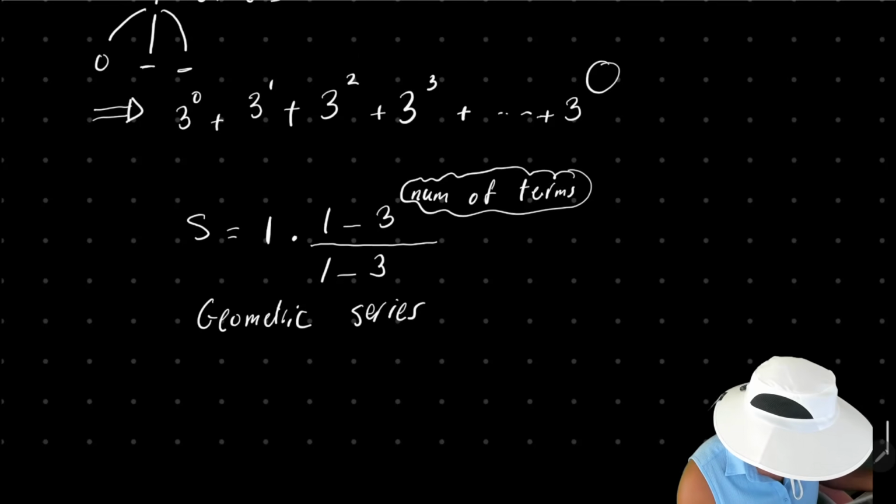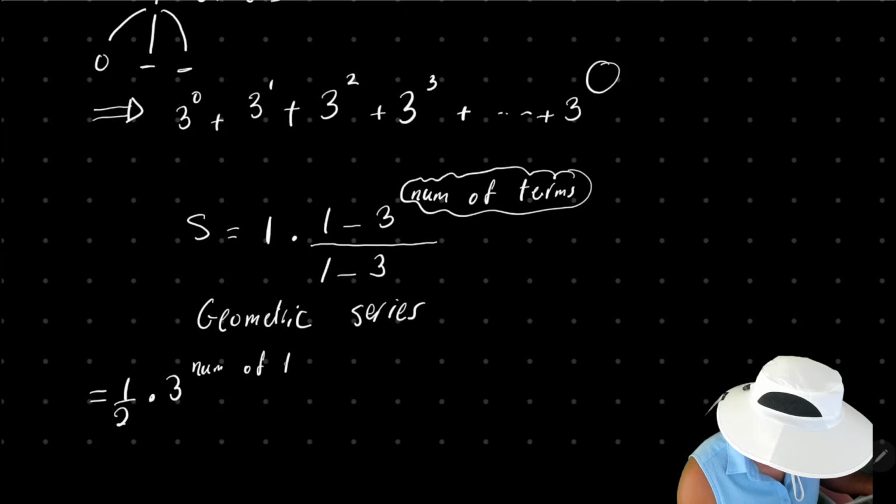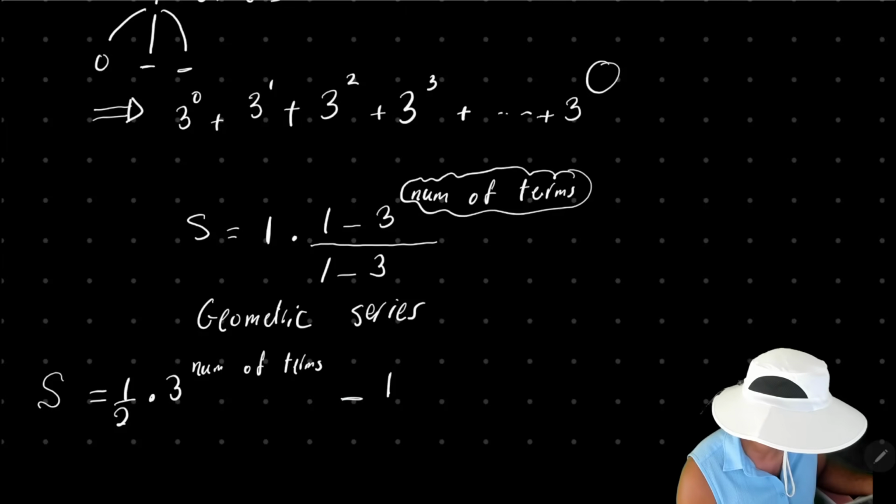And if you get the summation, well, you can factor out the negative 2 on the bottom. So you could multiply by -1. So anyways, if you did the middle school math, that will give you 1/2 multiplied by 3 power number of terms minus 1. Okay, that will be the summation.